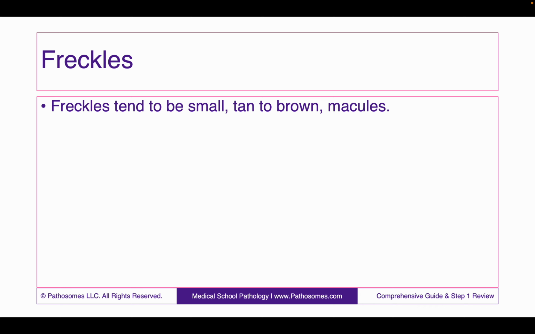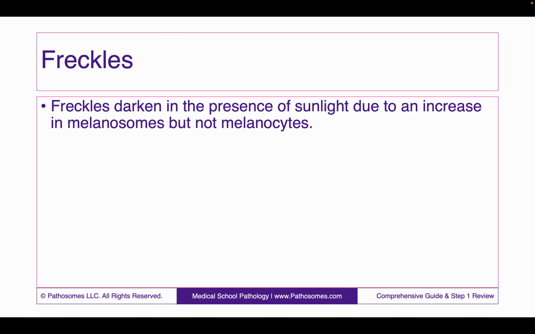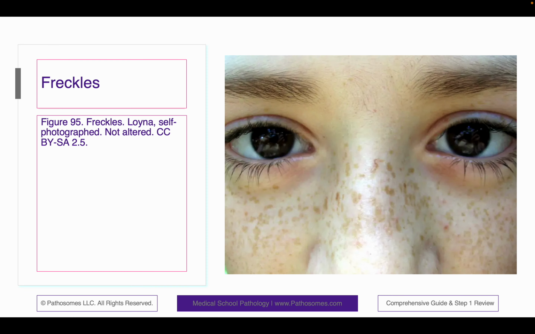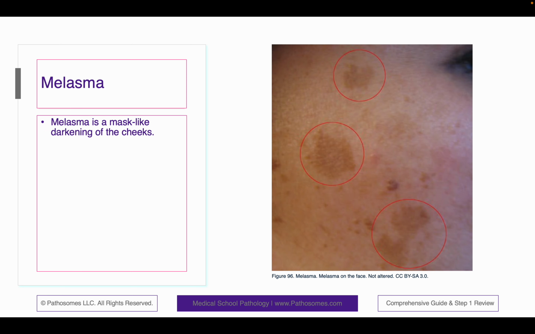Freckles tend to be small, tan to brown macules. Freckles darken in the presence of sunlight due to an increase in melanosomes, but not melanocytes, right? It's the melanosomes that increase. Here we have a patient with freckles.